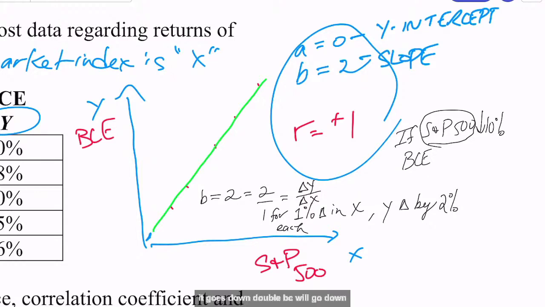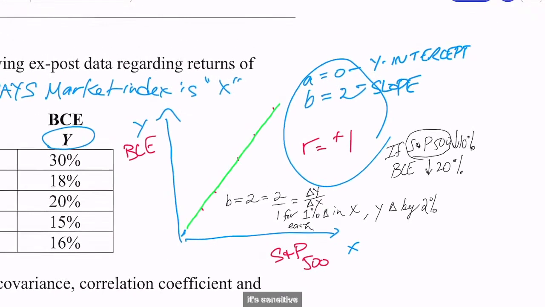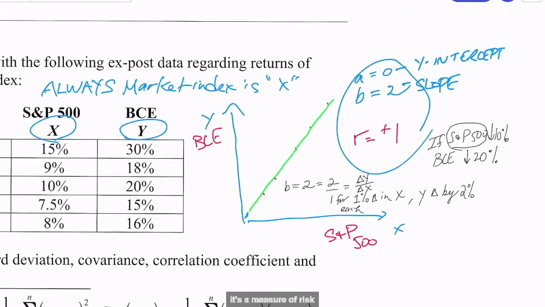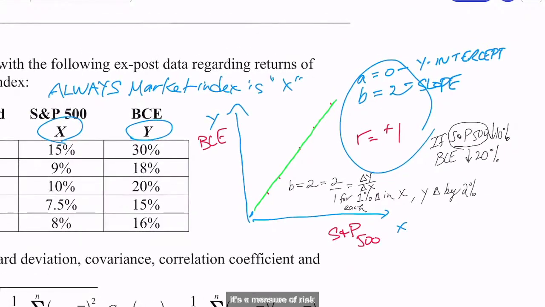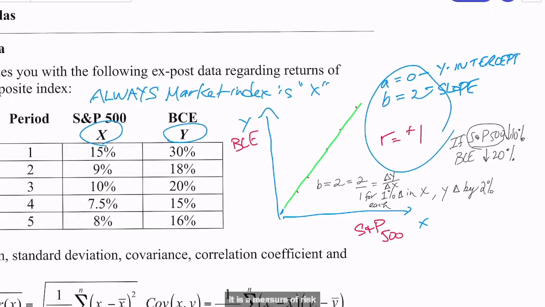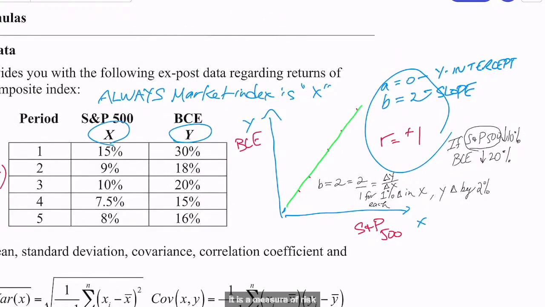It goes down double. BCE will go down 20%. So that's the sensitivity thing. That's not great. It's great when the market is up, but when the market is down, it's sensitive and risky, right? It is a measure of risk. Okay, so that's where we're headed with this.